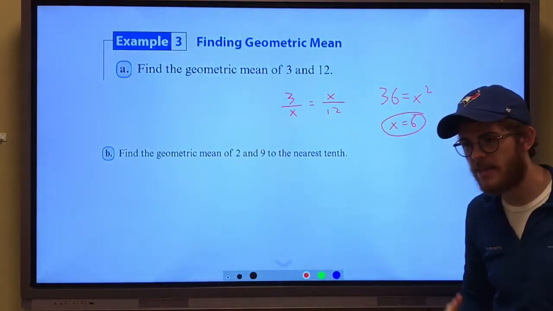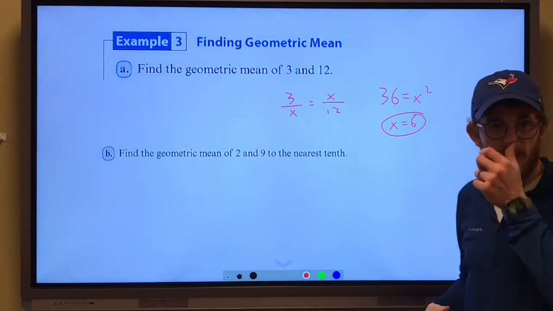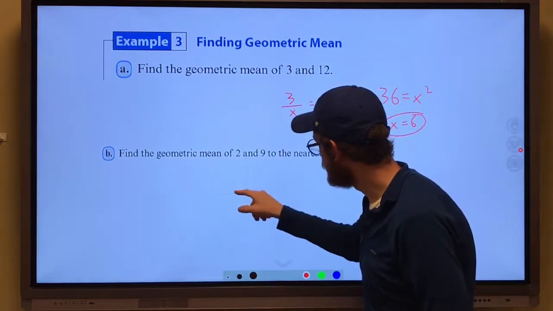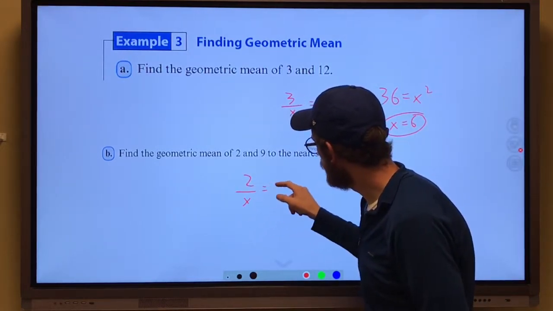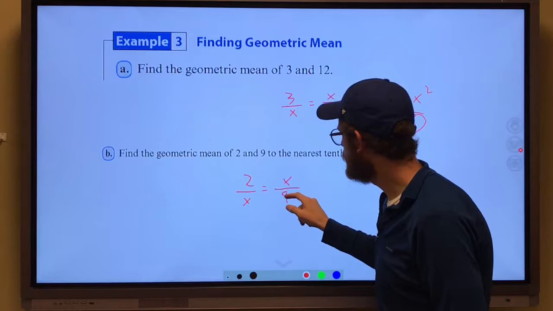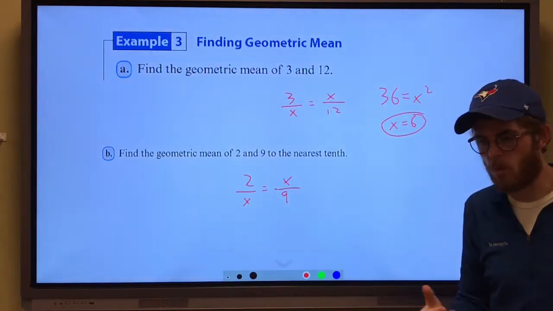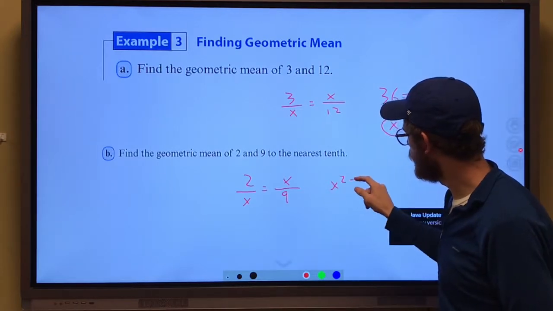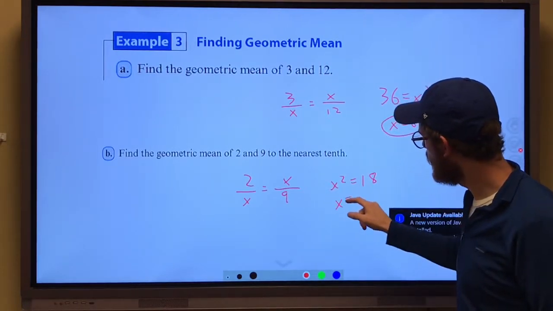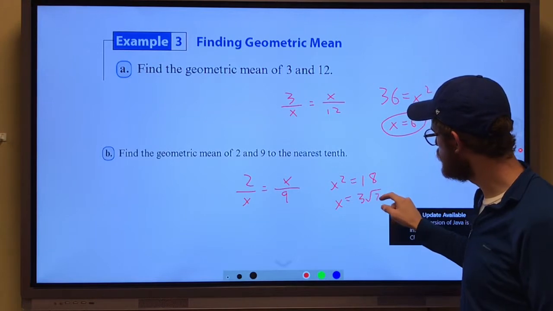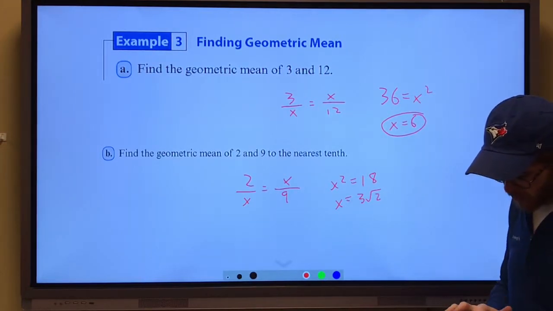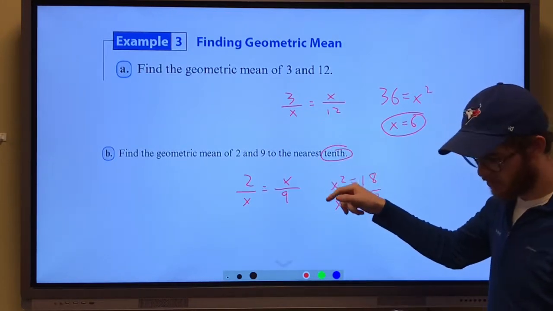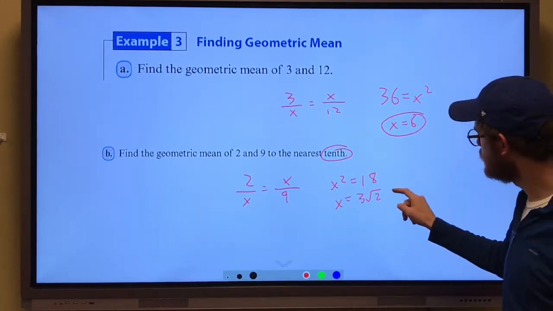The arithmetic mean would be 5.5, but if we wanted to find the geometric mean, 2 and 9 need to go in our extreme positions. x is that one number that satisfies the mean positions. x squared equals 18. x equals 3 root 2, or simplified to the nearest tenth, which is what they asked, 4.2.